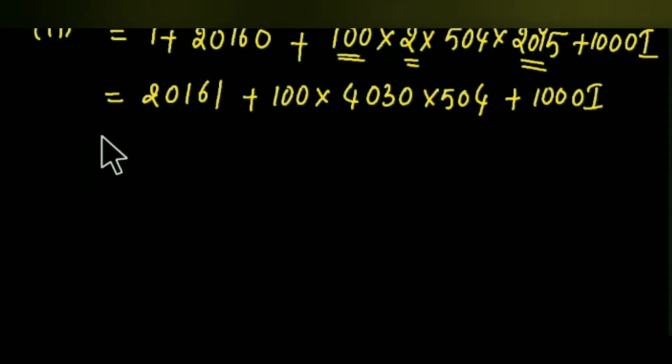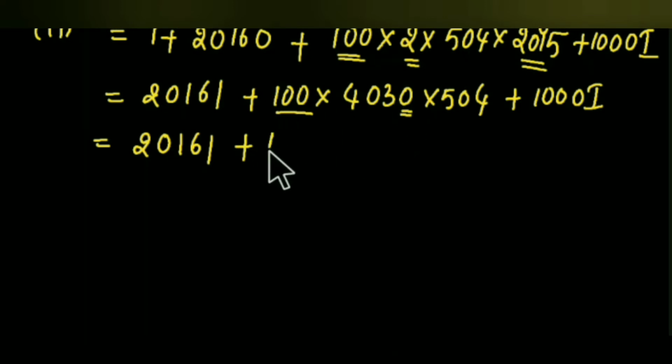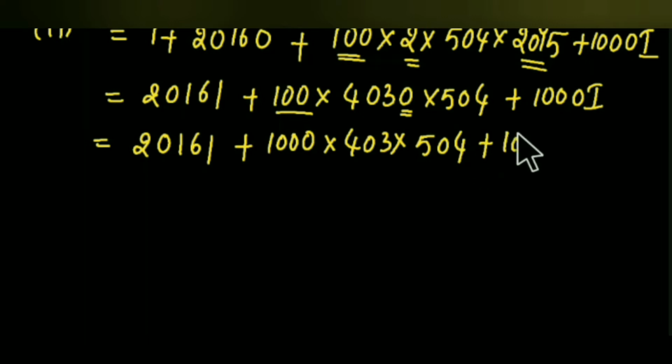Again, 100 into the 0 in 4030 will become 1000 into 403 into 504, plus 1000 into some integer.